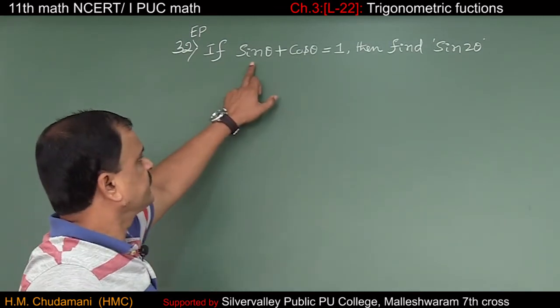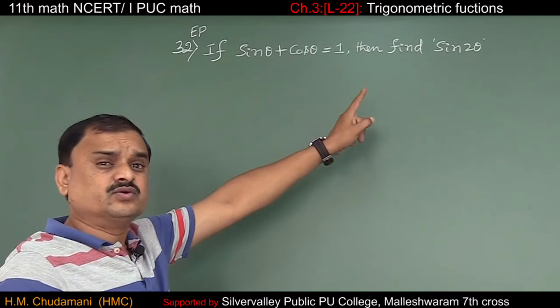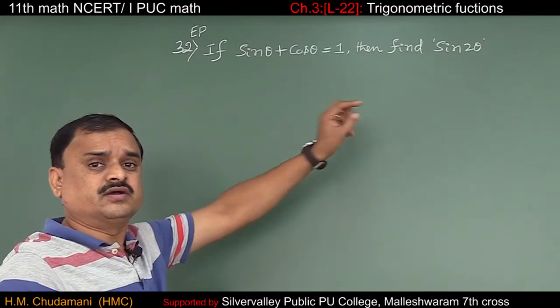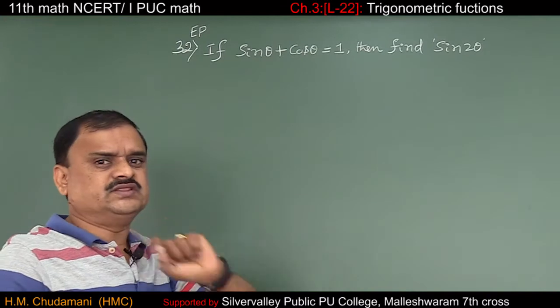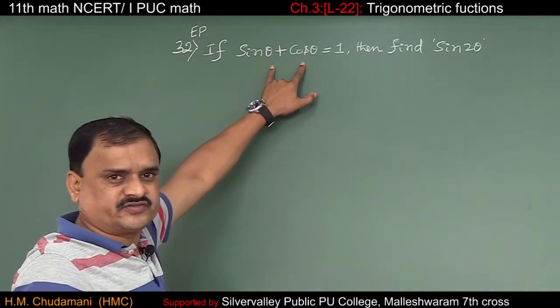See, we have sin theta plus cos theta equals 1. What is sin 2 theta? 2 sin theta into cos theta. To obtain 2 sin theta into cos theta, it is enough if you square this.